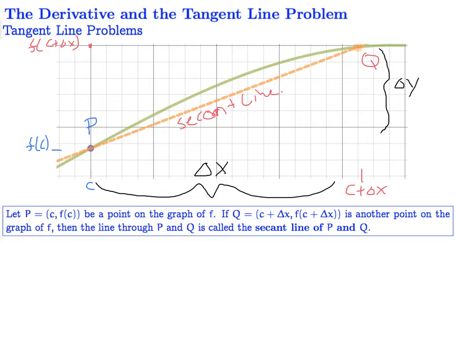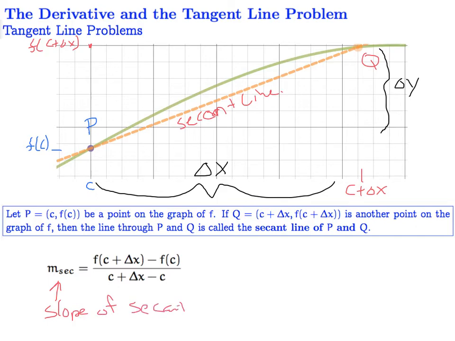But what we're not going to do is write this quite as delta y. And so what we write is that the slope of the secant line is going to be equal to this quantity, which in the numerator is just our change in y, and in the denominator ends up being our change in x. So often what we do is we just shorten this down.